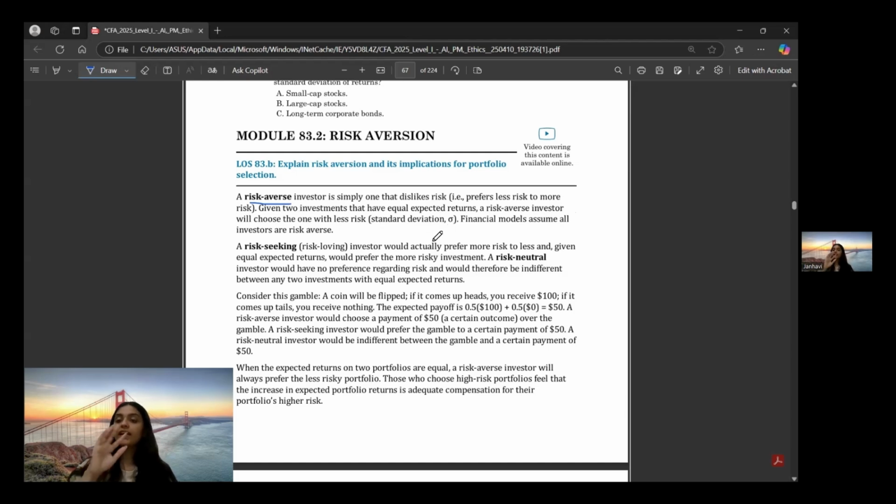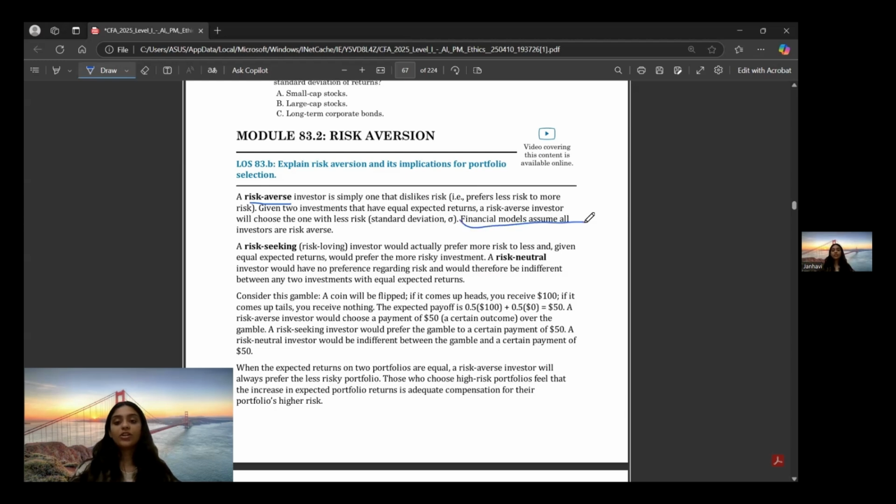For example, if there is asset A and asset B, both give you, for example, 10% returns. But asset A is way less risky than asset B. A risk averse investor will always choose asset A.